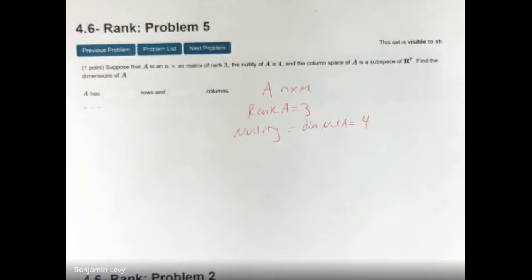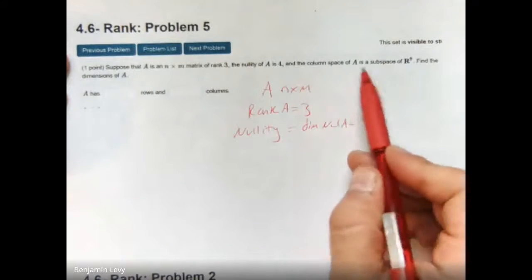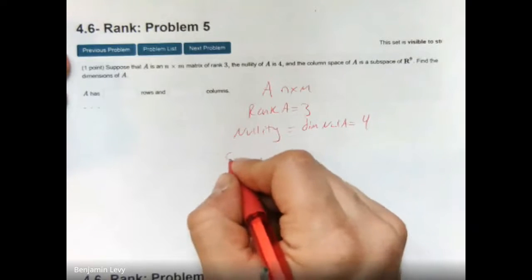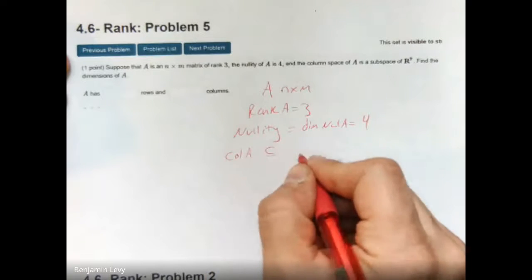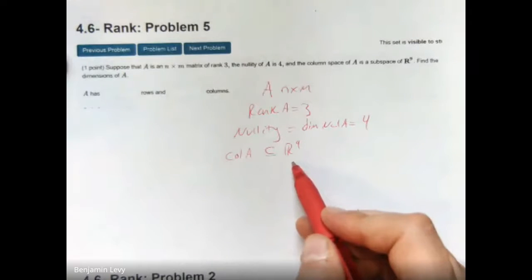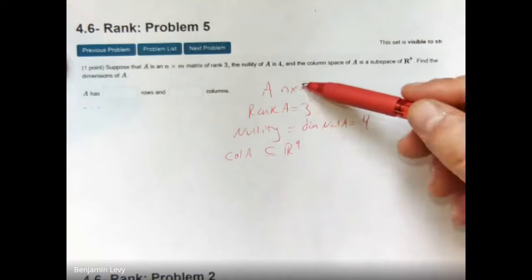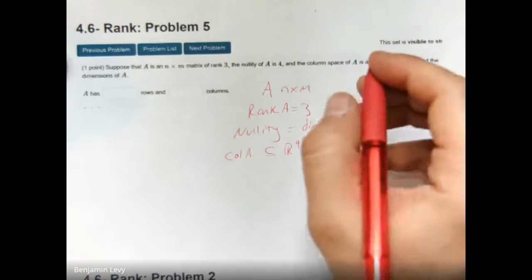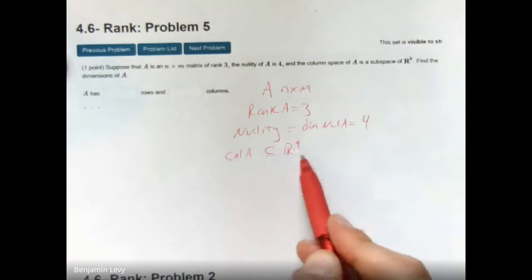The third thing it says is that the column space is a subspace of R9. So what does that mean? What's that telling us? The rank and nullity seem to apply to the equation, rank plus nullity equals total number of columns. But what is this part telling us?